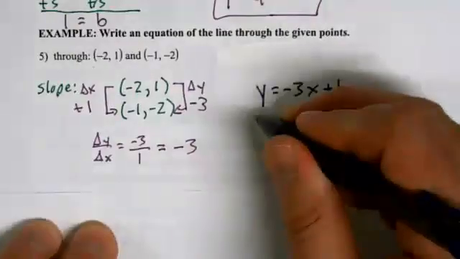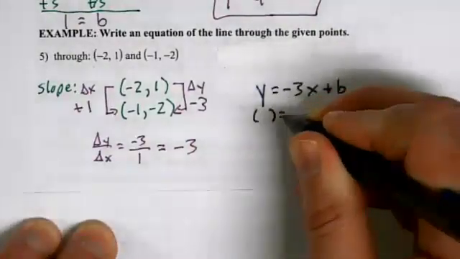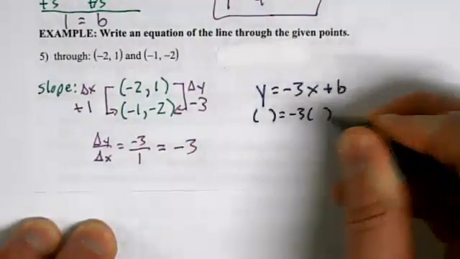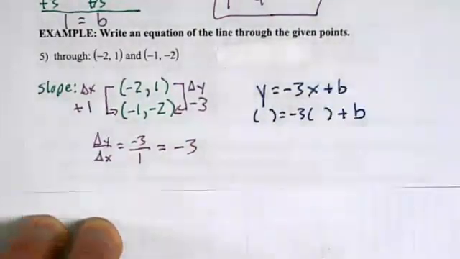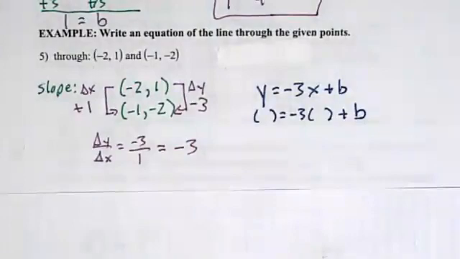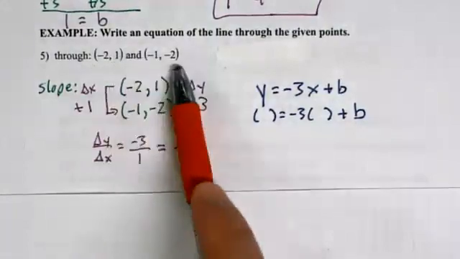I'm going to rewrite this equation without any x's and y's. What am I going to put in for x and y? You want to use the -2 and the 1, or do you want to use the -1 and the -2?